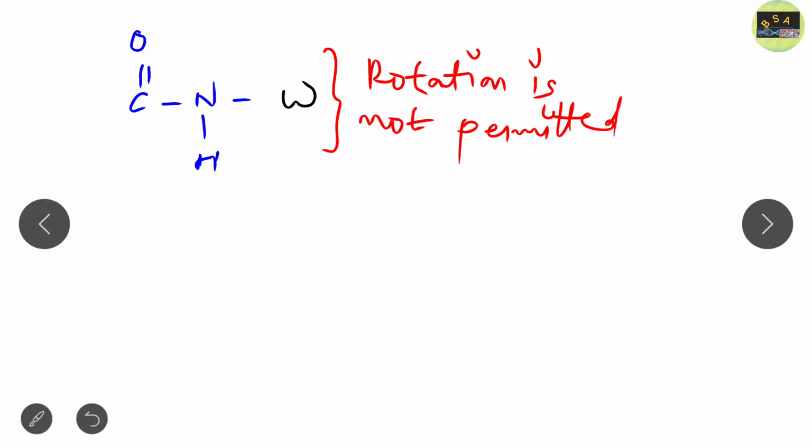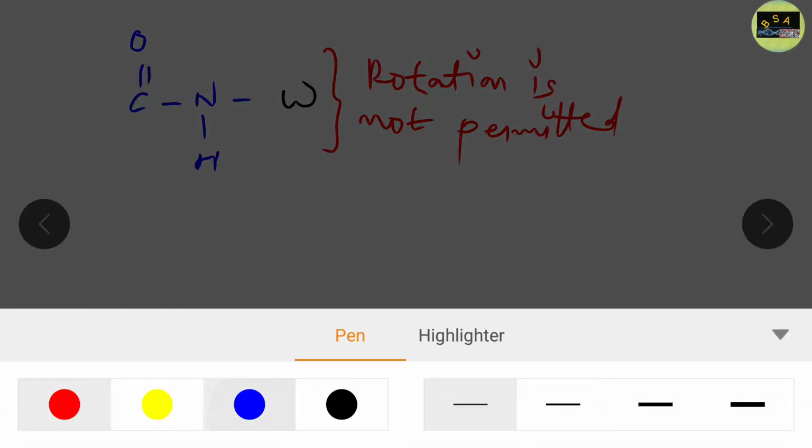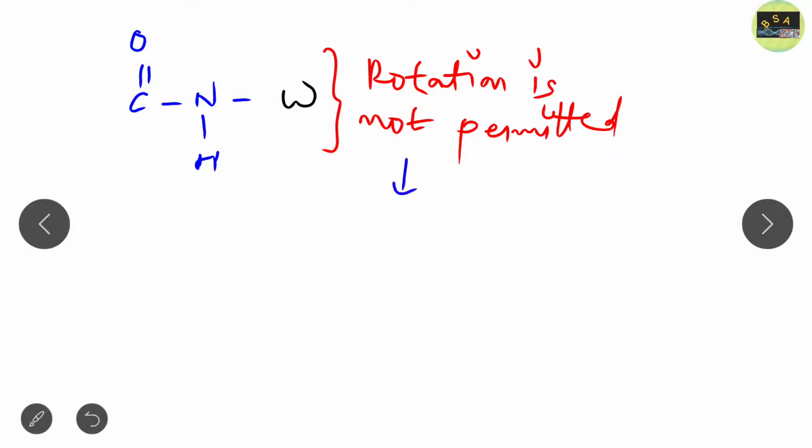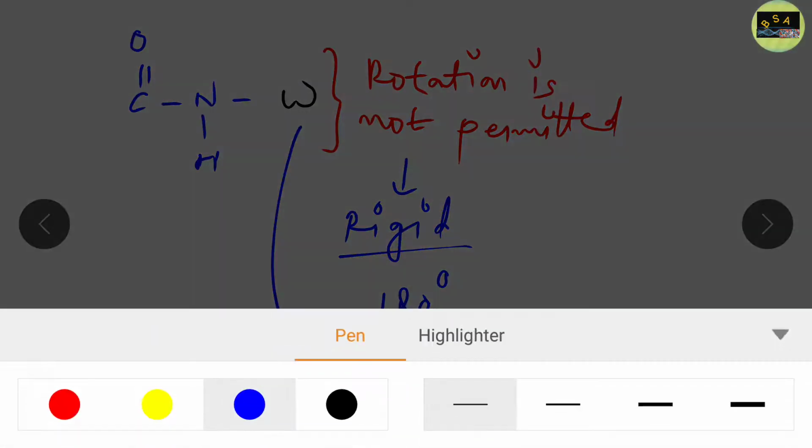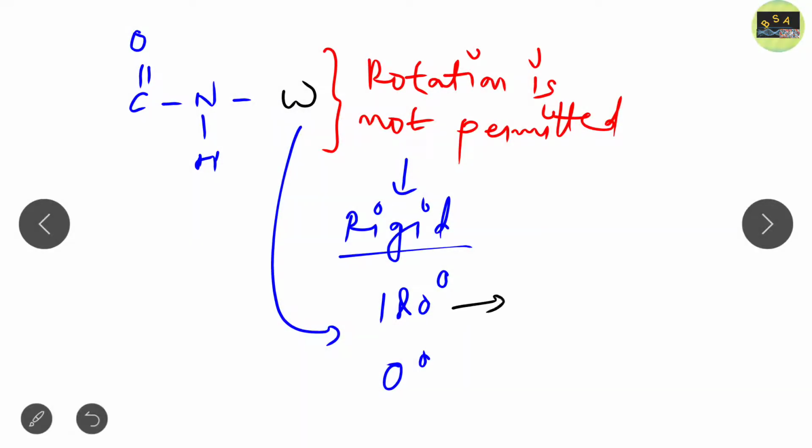Due to the presence of partial double bond character. Clear? And due to this, it makes the structure of the peptide rigid. And this omega has a value of either 180 degrees or 0 degrees. Clear? So at 180 degrees it forms the trans structure, while at a 0 degree angle it forms the cis structure.